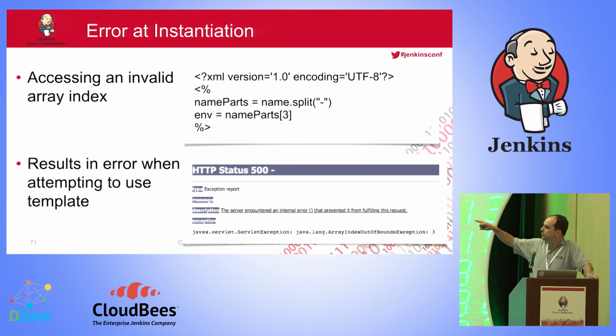Here I want to access the fourth part of the name, and if I create a job that doesn't have 4 parts in the name, I'm accessing an invalid array index. I probably should change my code to deal with that. But again, it results in an error when you attempt to use the template. You get this 500 error that says array index out of bounds exception.